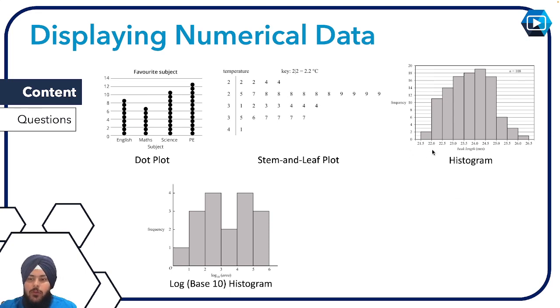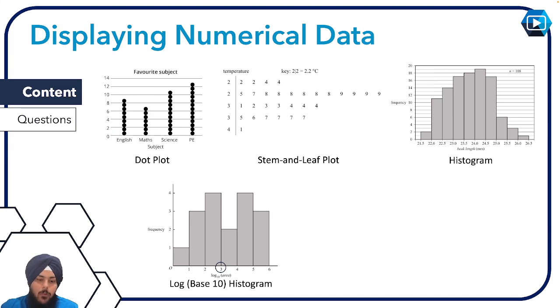If we were to represent that data in the form of a histogram, it would be really inconvenient because we would have a really large scale and it would be really hard to get meaning from that large scale. So a log base 10 histogram uses log scales where every number, so for example 1 is 10 to the power of 1, 2 is 10 to the power of 2, 3 is 10 to the power of 3.